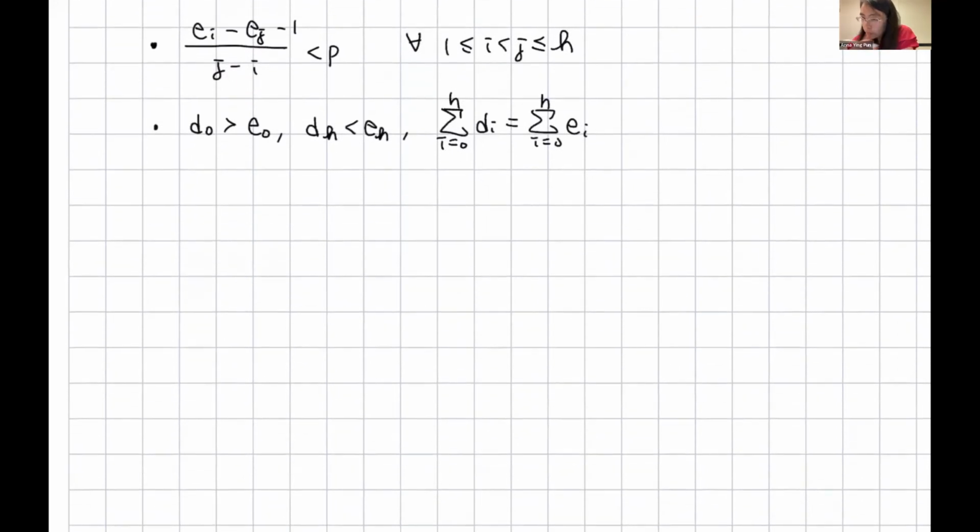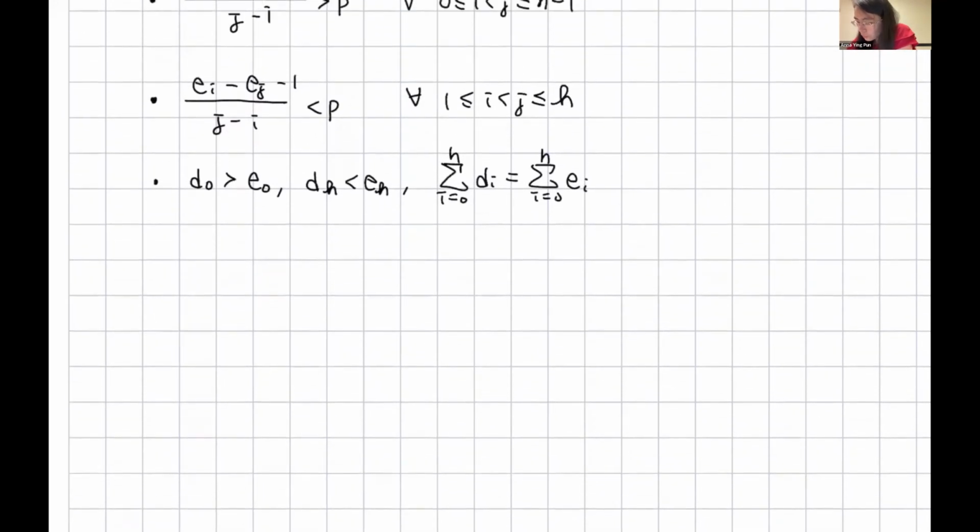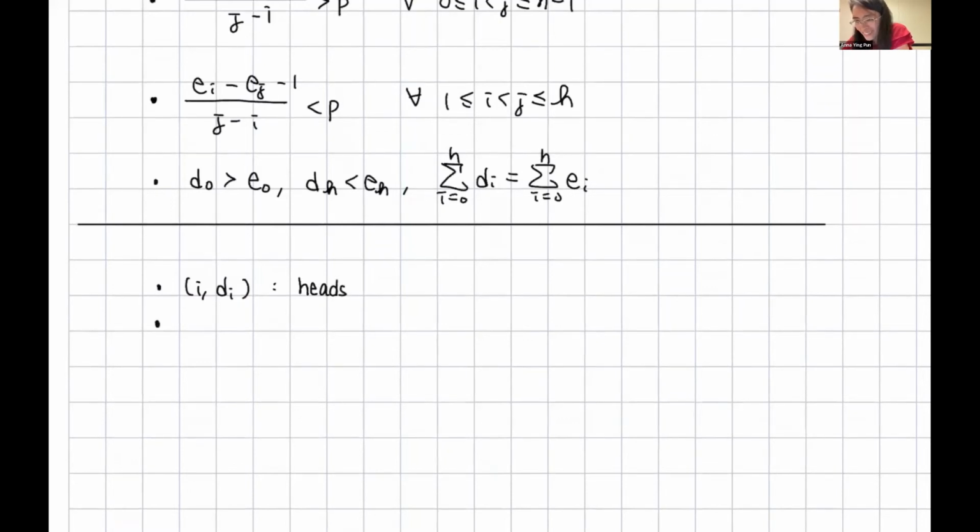We have some terms, not too important, but for completeness I'm going to tell you, these are all related to animals. So Di is on x equals i.